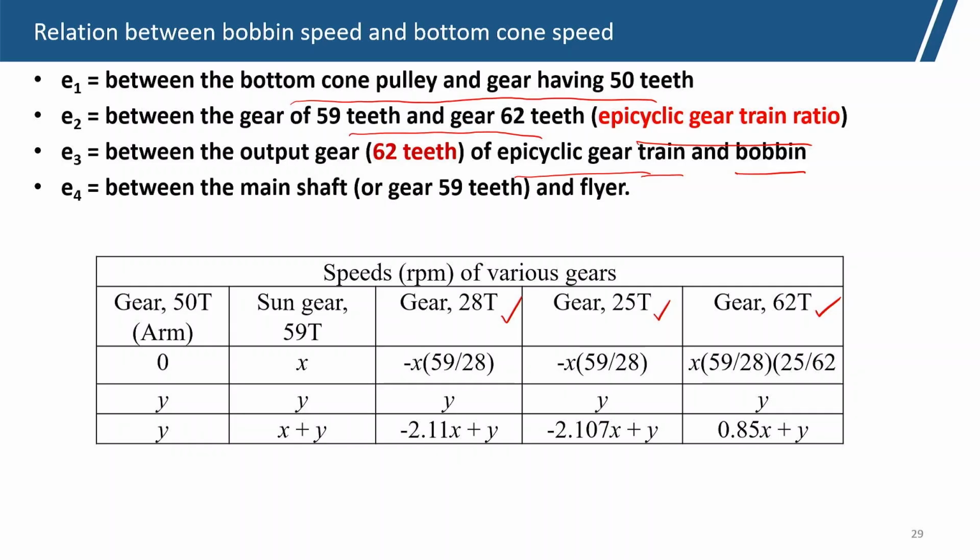This 0.85 is the epicyclic gear ratio E2.